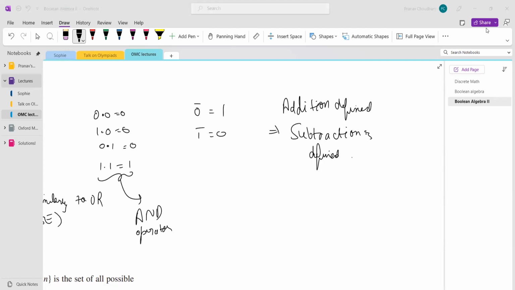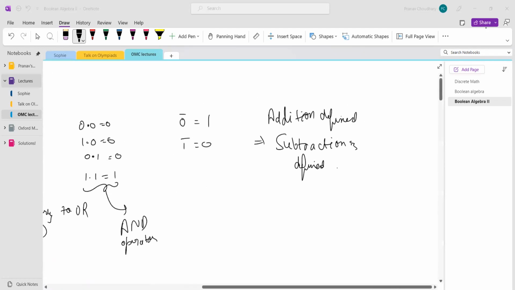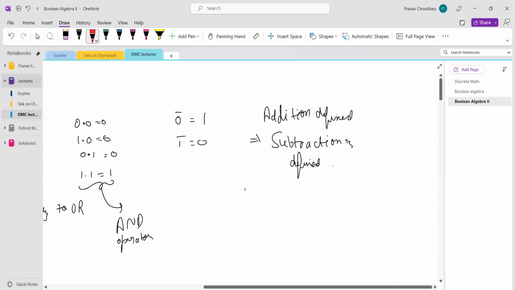But in this case, there's a slight issue. Let's consider 1 minus 1. You would expect this to be 0, right? Which means that 1 should be equal to 0 plus 1, which is 1, which is true.